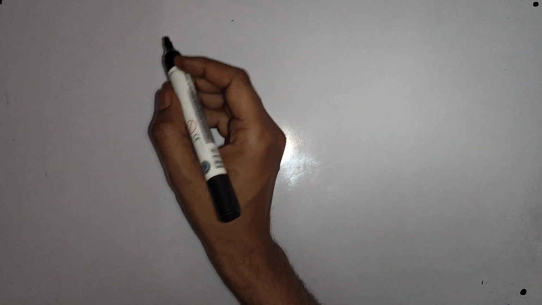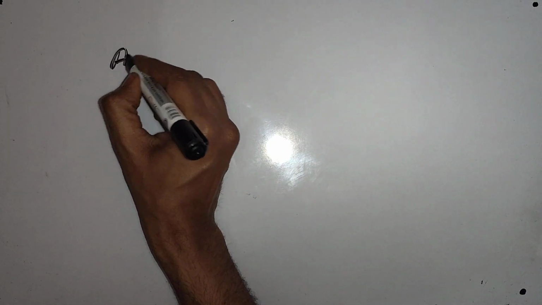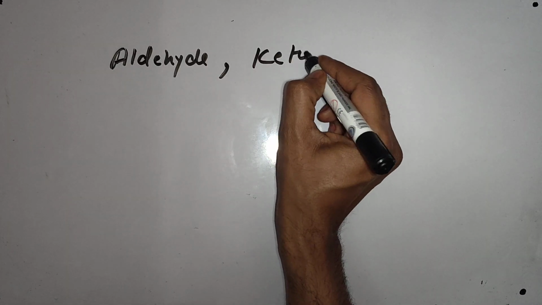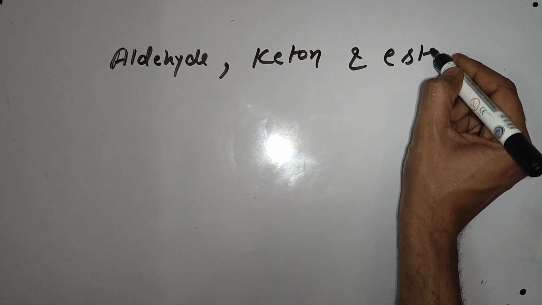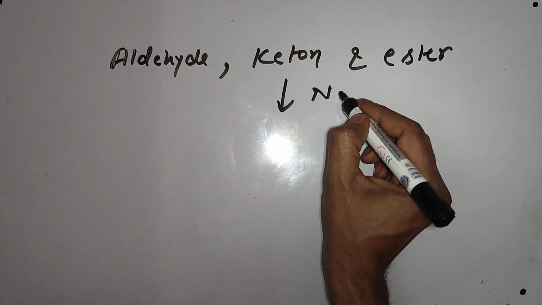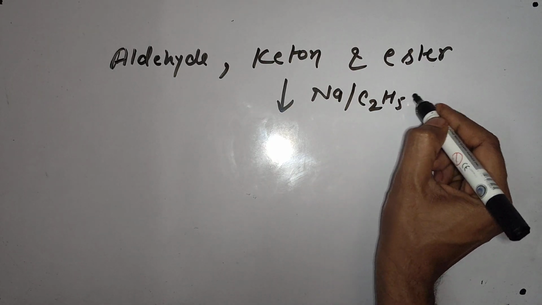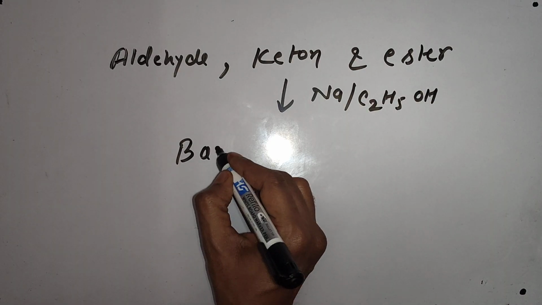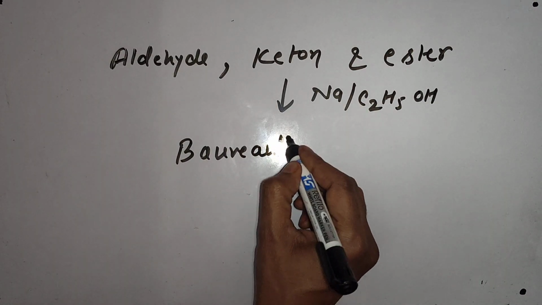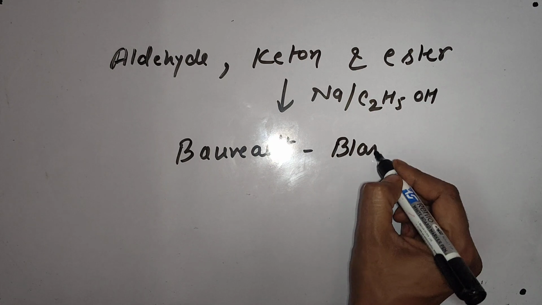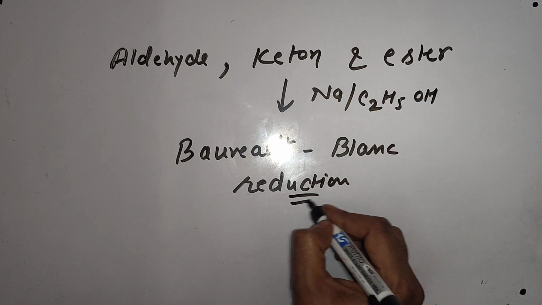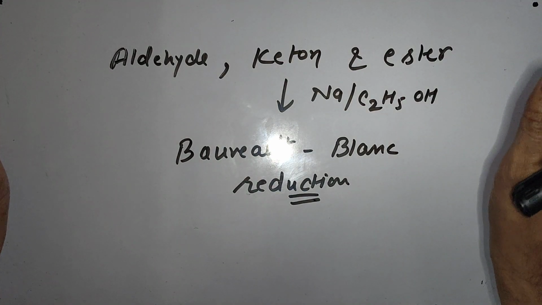Finally, note it down. The reduction of aldehyde, ketone and ester through sodium and ethanol, C2H5OH, is a name reaction which we call Bouveault-Blanc reduction. Bouveault-Blanc reduction.